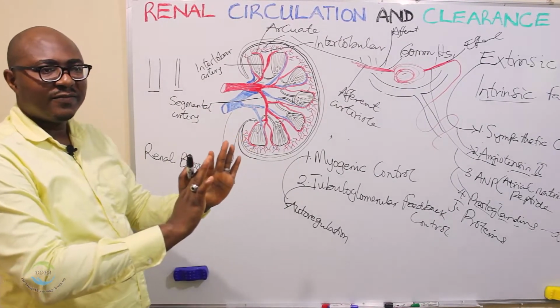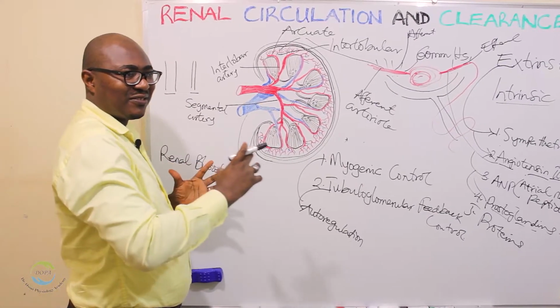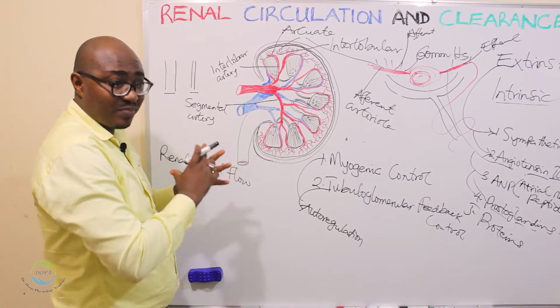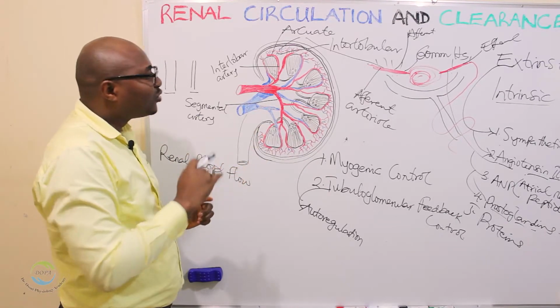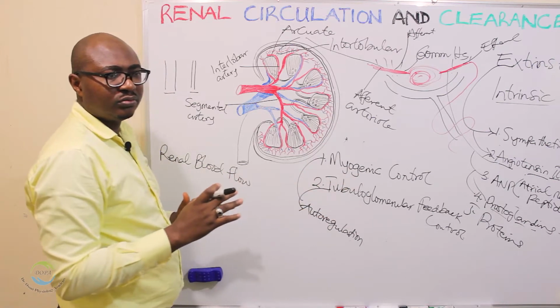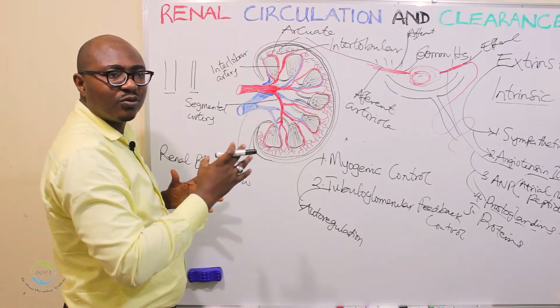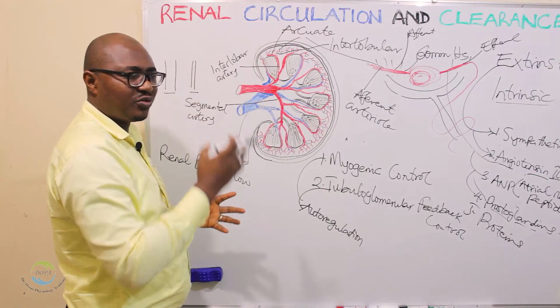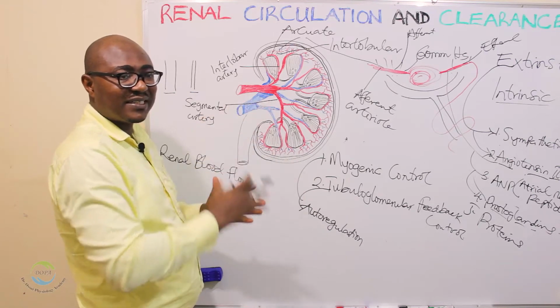It is just talking about the fact that when blood pressure increases, blood flow increases. But you don't want to have too much blood flow in the renal. Why? If there's too much renal blood flow, it will increase urine production very fast. Filtration is fast, everything is fast.